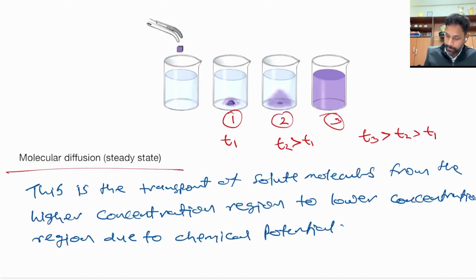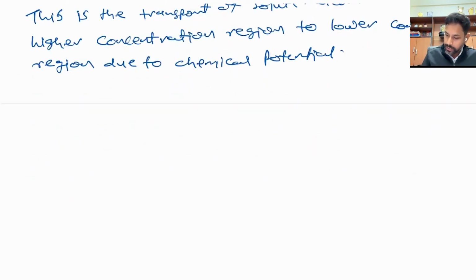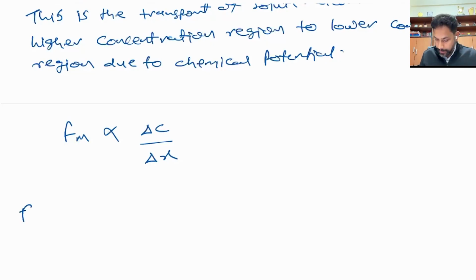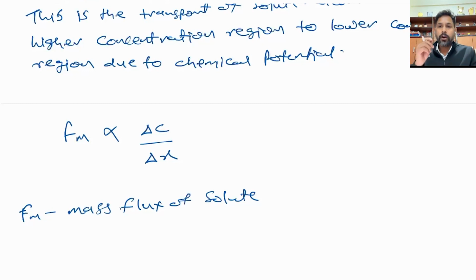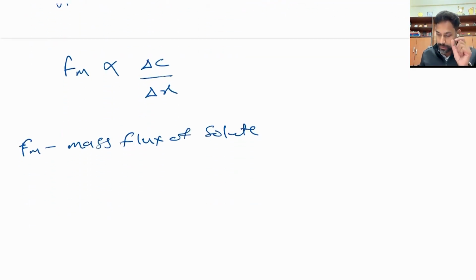And how exactly it happens is we can quantify it using this formula. We can define Fm, which is proportional to delta C by delta X, where Fm is the mass flux of solute. So how much solute transports from one point to another depends on the concentration difference.